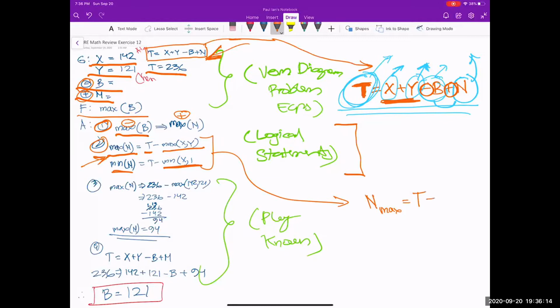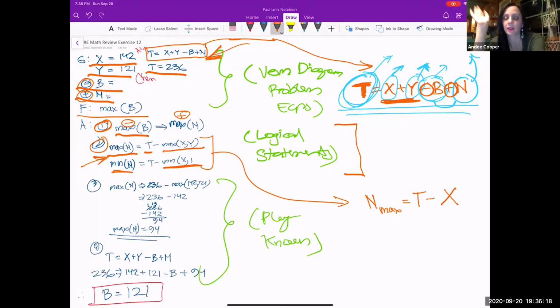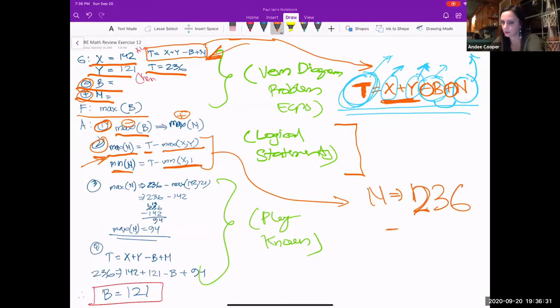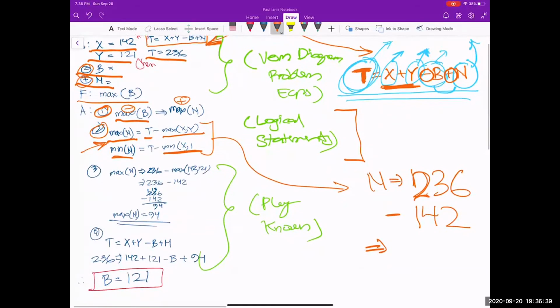Minus, and then what is maximum x or y in our case? Isn't it x? I'm lost. I don't know. Here, let me put the numbers in here. So you know how you have n, and then so you have 236, right? This is, I told you this is a hard one. 236, right, is your t. Uh-huh. And then you minus 142. Why? Because it's the maximum number to get the maximum n.